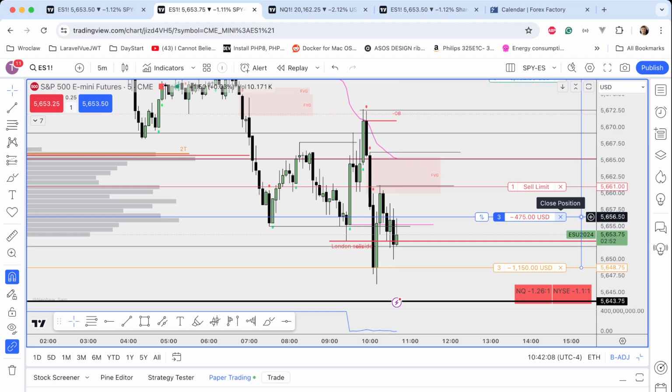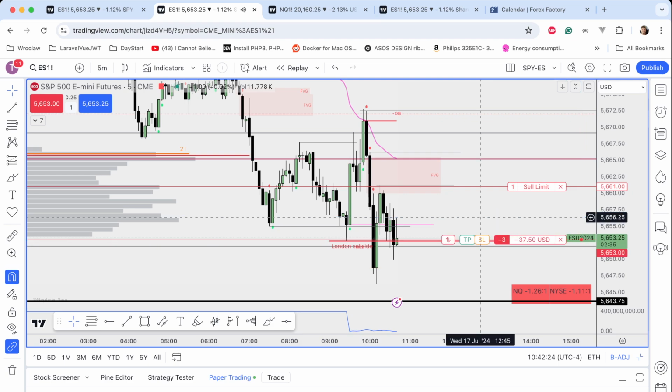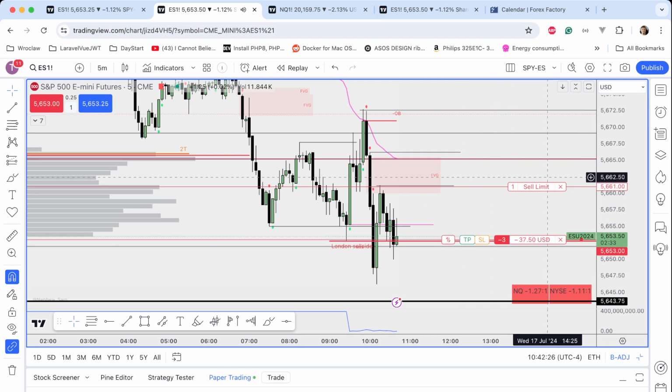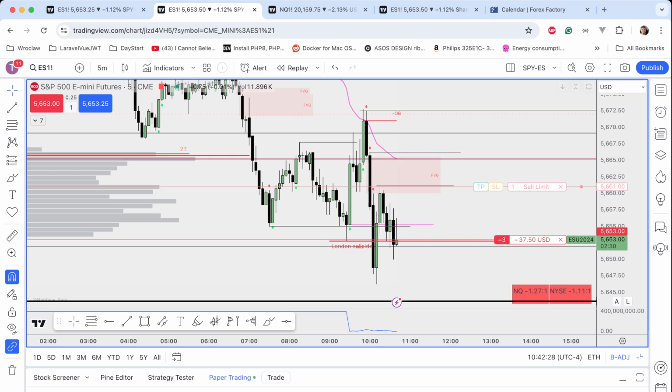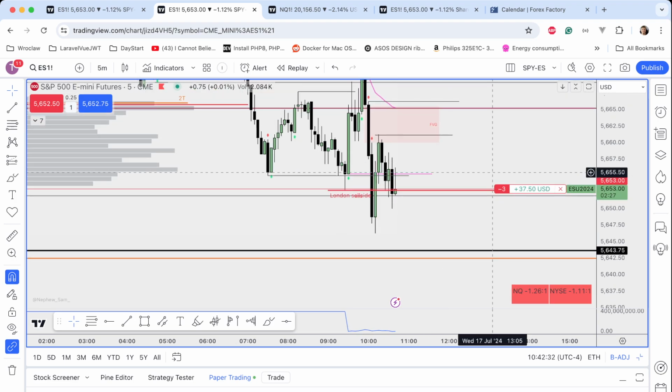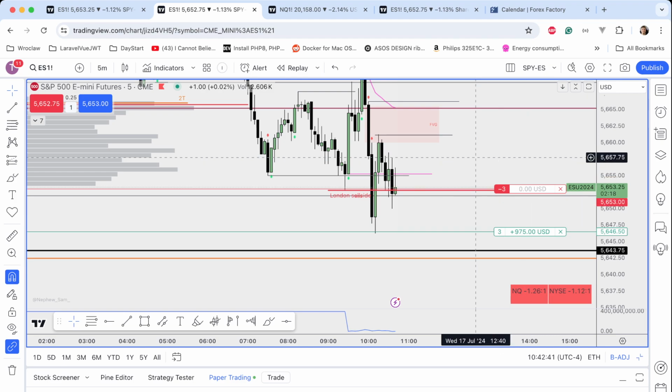Intuition tells me we're not going up. Intuition tells me reverse. Let's see if that was a good decision. Reverse. Target, I don't know, somewhere here. Take that low. That's a rejection.